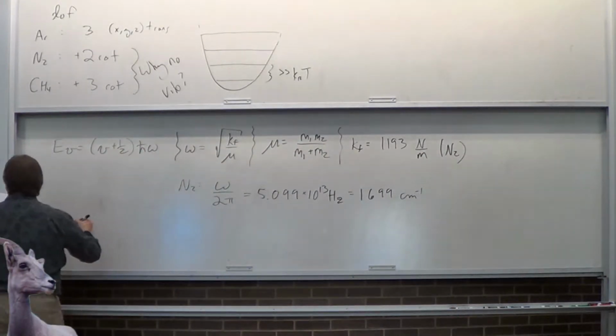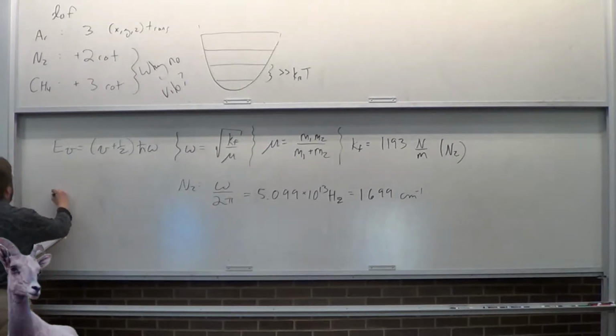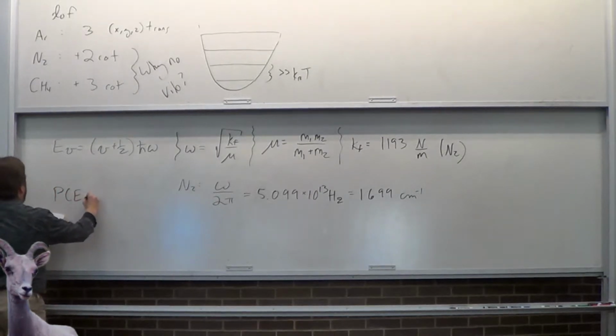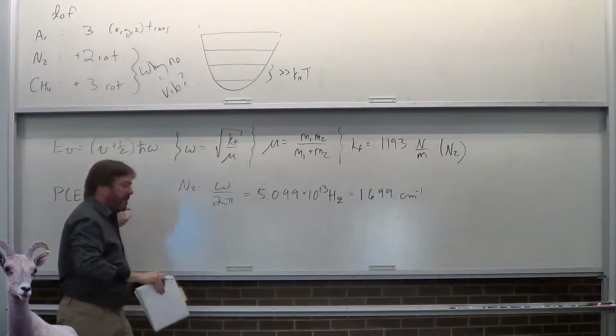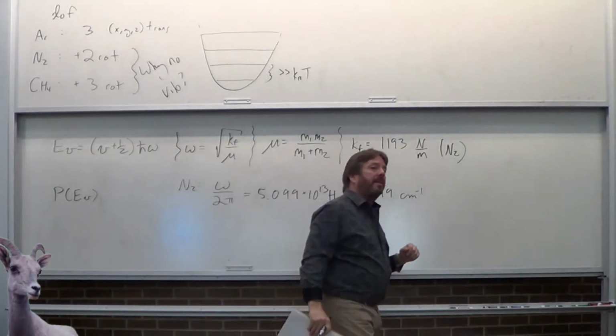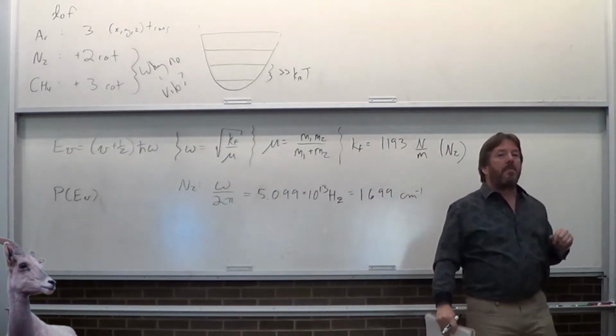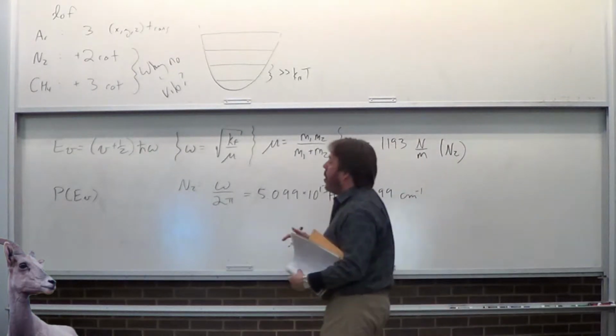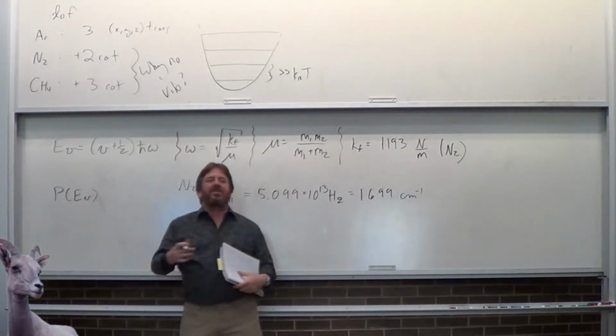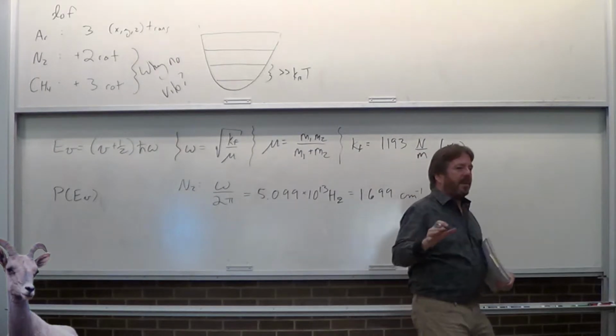Okay, hopefully you recall that the probability of observing a certain energy, now notice I'm having to blend in our Maxwell-Boltzmann learnings with the quantum learnings. I'm doing that by adding the vibrational quantum number, let's call it v.